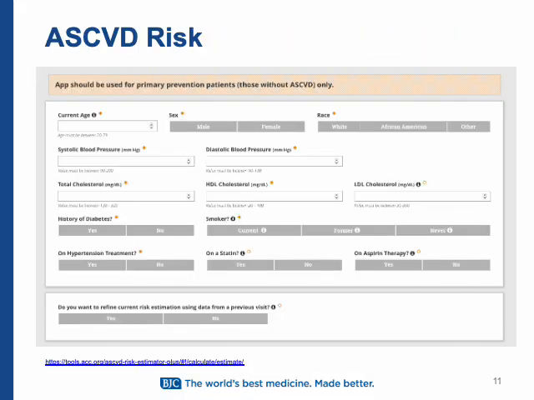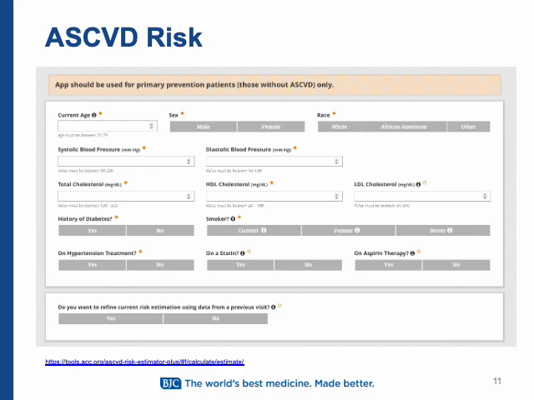So this slide shows the ASCVD, or atherosclerosis cardiovascular disease risk estimator, used in the 2019 American College of Cardiology, American Heart Association guidelines. It's designed only for primary prevention patients, meaning patients who do not already have established cardiovascular disease.